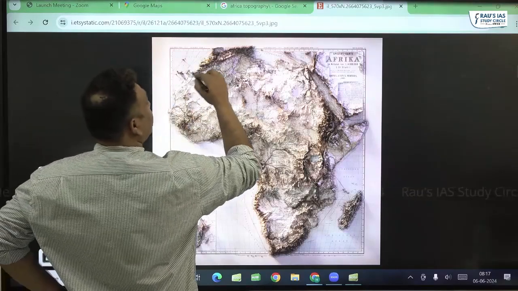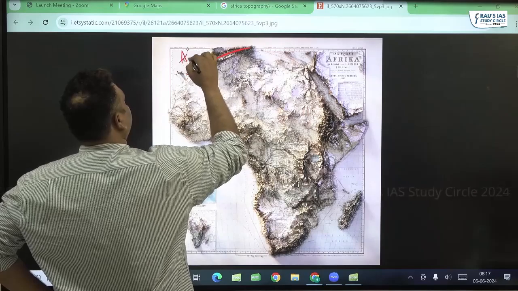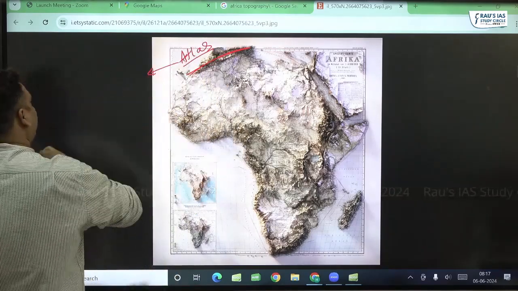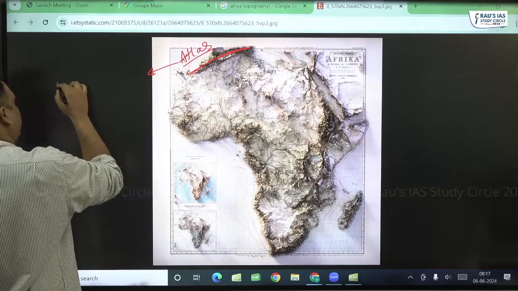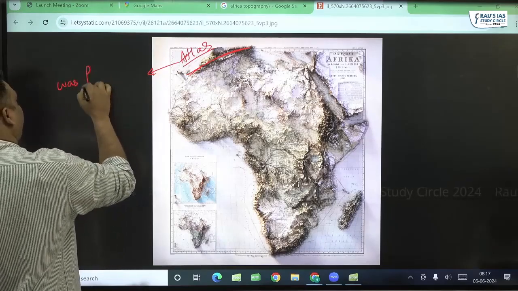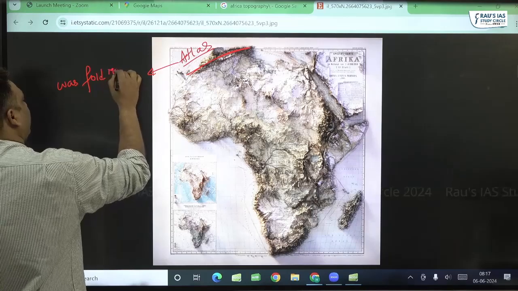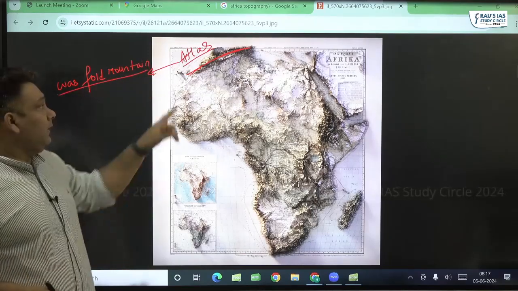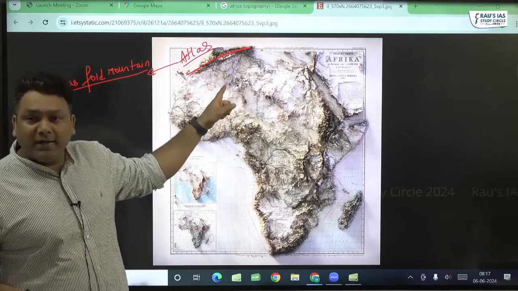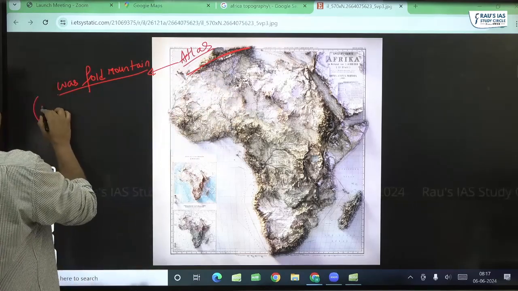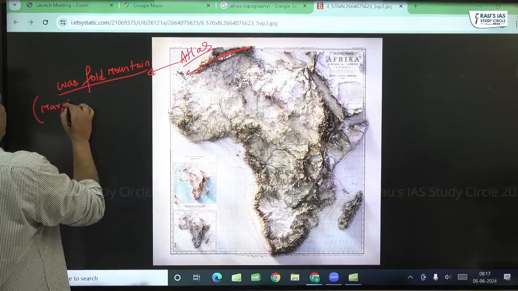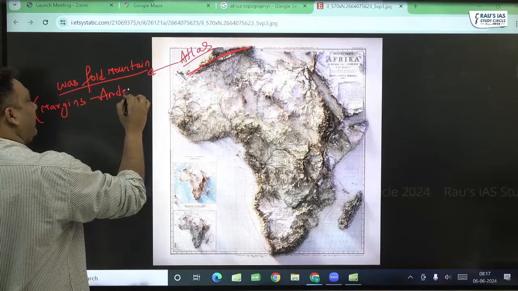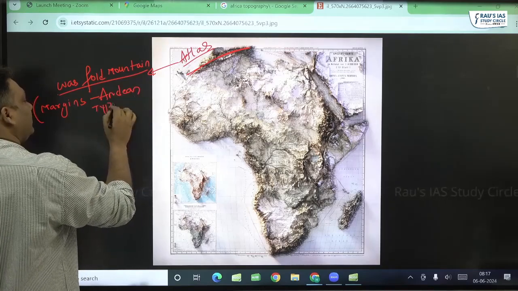So you have a mountain here. This is called the Atlas Mountain. This Atlas Mountain is an erstwhile fold mountain. Since it is located on the margins of the continent, it has Andean type of orogeny.